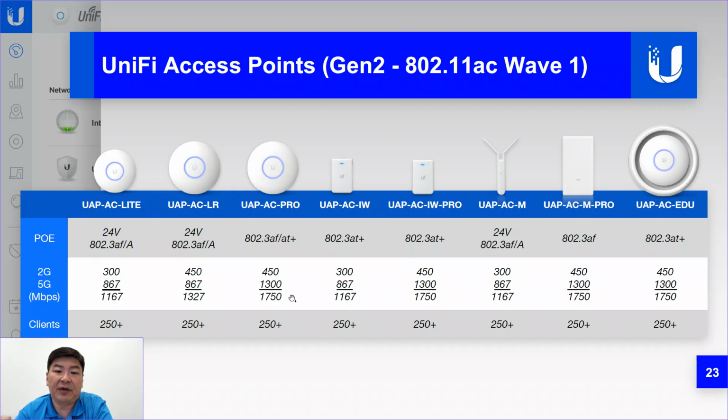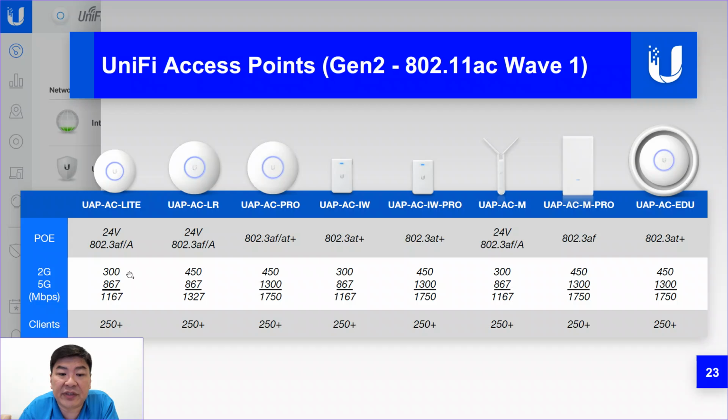Now I've already gone through the first three access points. The next question you may ask is, in terms of transmitting and receiving radios, how do we explain it technically? The UAP AC Lite is a 2x2 radio. When we say 2x2, it means 2 transmitting radios and 2 receiving radios.